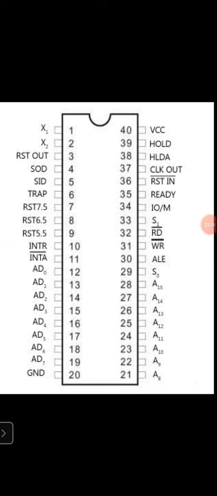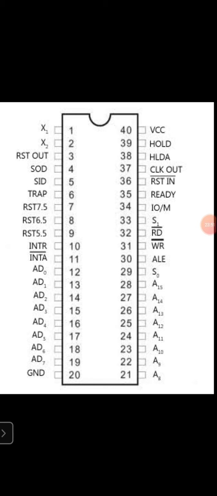After receiving the hold request, the microprocessor gives up the use of the buses to peripherals, but the internal processing will be continued. Whatever processing was going on before will continue.